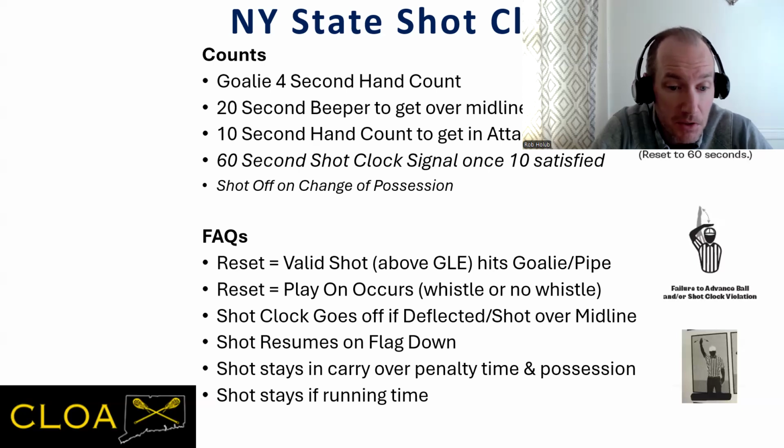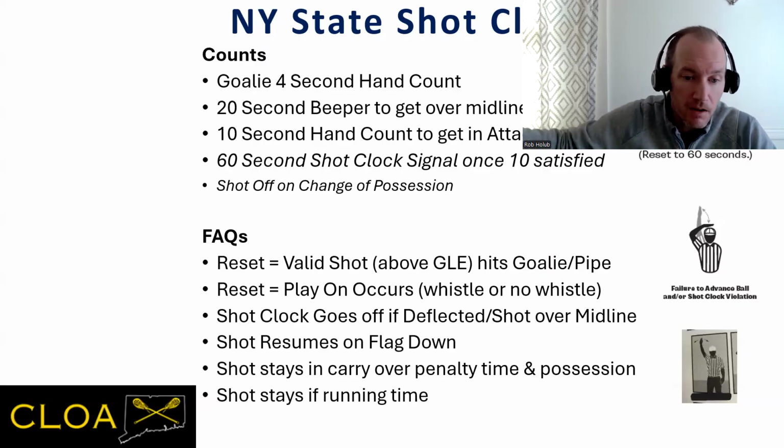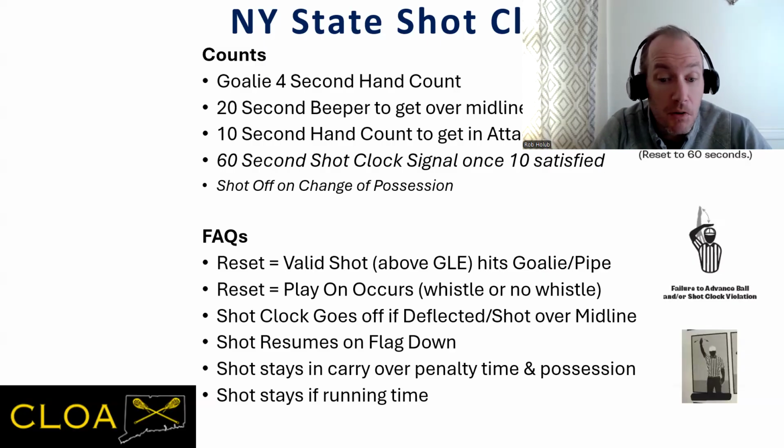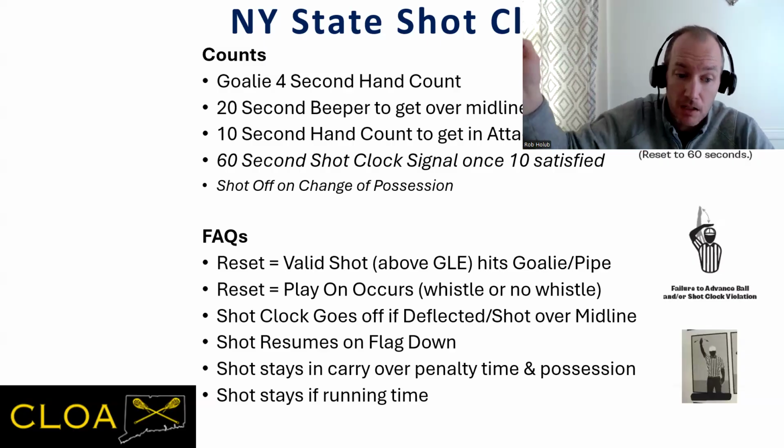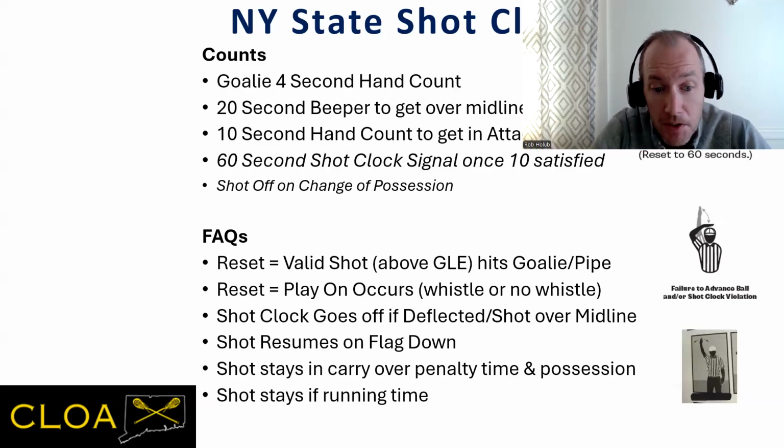That's why we're keeping play on short in order to make sure that happens. So it resets when the whistle blows, or if there's no whistle and we continue playing and that play on is off. The shot clock goes off if we have it going over the midline on a shot or a deflection, and we restart our 20 count. Whatever team picks up the ball is going to matter.